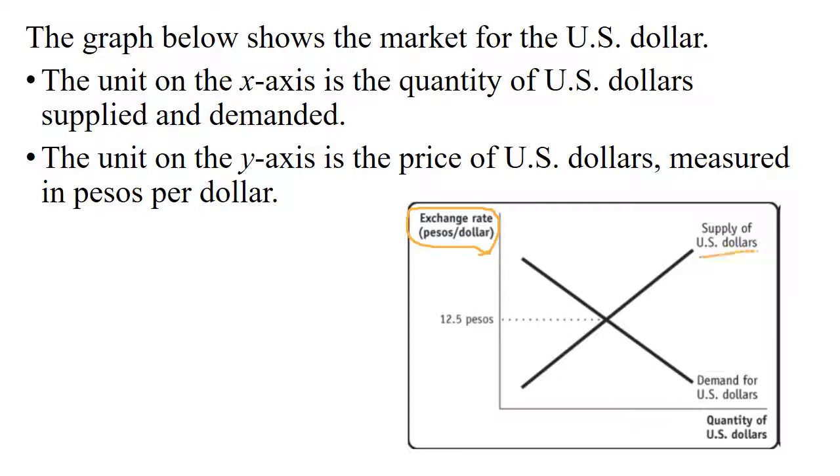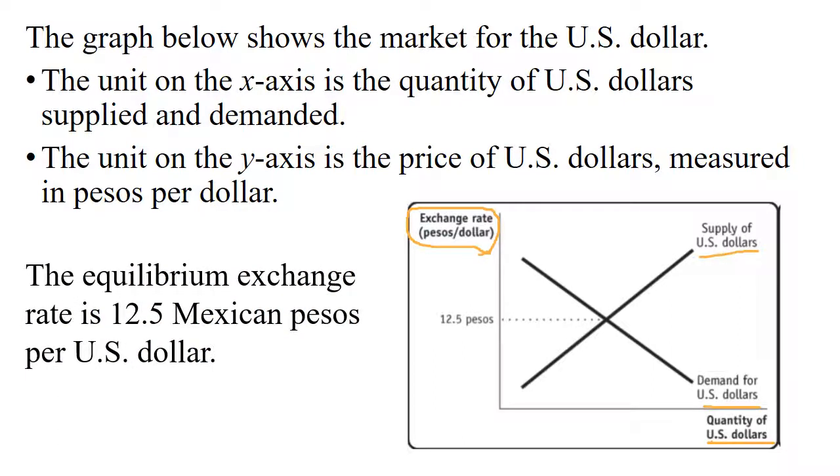So if it's supply of dollars and demand for dollars, then that means this is a Forex model for dollars. The quantity is also in dollars. What is the price of dollars? It's how many pesos it takes to buy them. So in this case, the equilibrium price is 12.5 pesos.